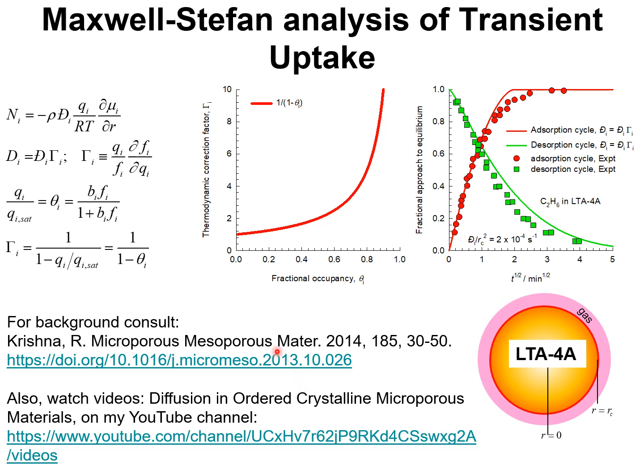And this underscores the importance of using a more fundamental description of intracrystalline diffusion. Further background information is provided in this publication. See also my videos on diffusion in ordered crystalline microporous materials on my YouTube channel.